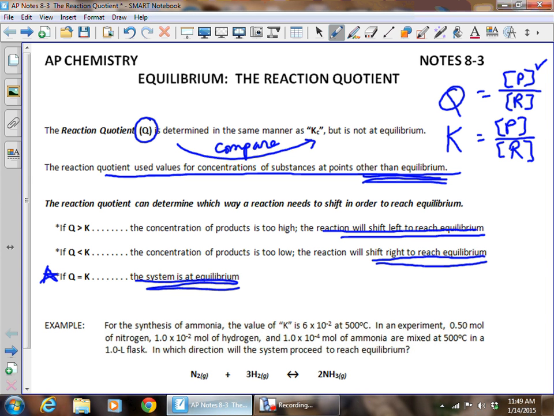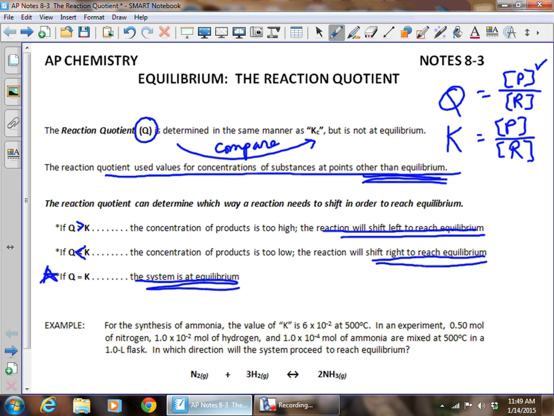Now, one of my students once said, well, look at the greater than and less than signs. We used to call these alligator mouths whenever I was in school. The alligator mouth is open and chomping towards Q in the first case, which means it's going to shift that direction to the left. And in the second instance, the alligator mouth is open towards K, and I would attempt to draw the rest of the alligator, but that would be folly.